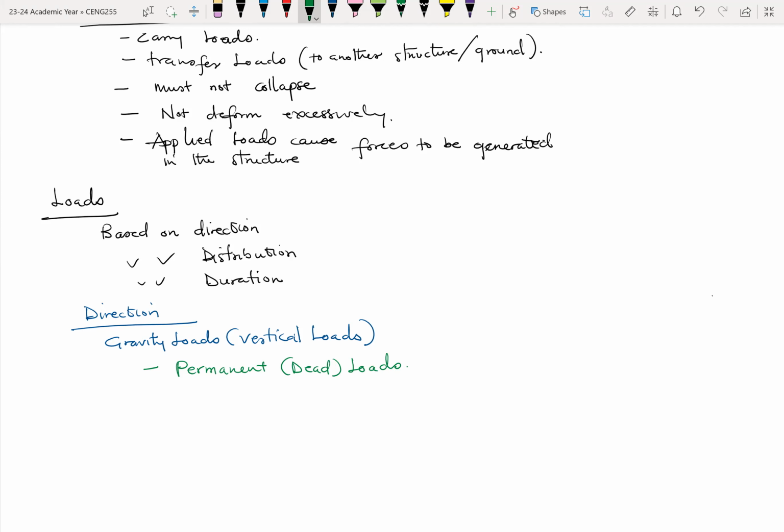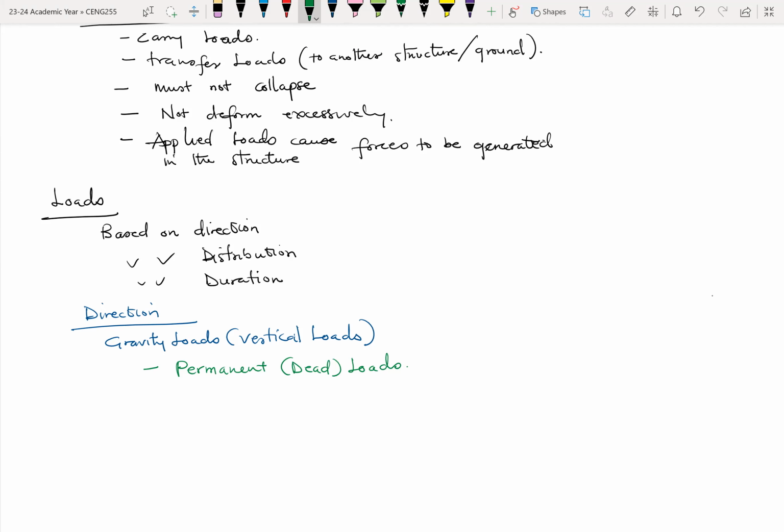If you turn the table on its side and then shake the table, materials or objects that do not fall off the table are deemed to be permanent on the table, right? So those would qualify as permanent loads.